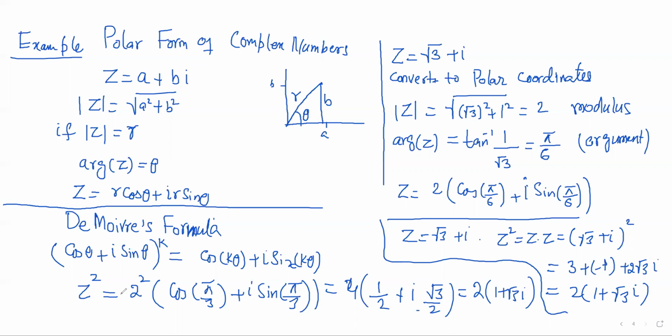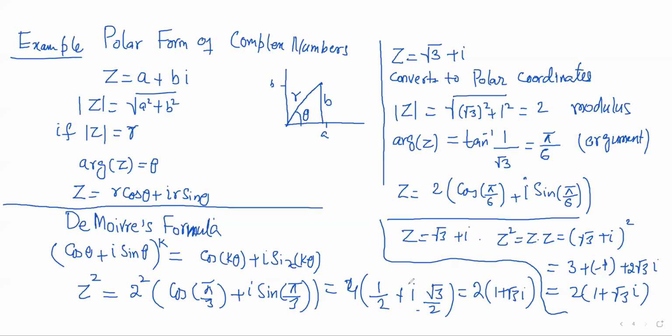But remember that this formulation will be very convenient if we want to find a very high power of k. For example, if you want to find z to the power 5, we can convert z into its polar coordinates, use this formula, and then very easily find the value, because it will be 5 times this.